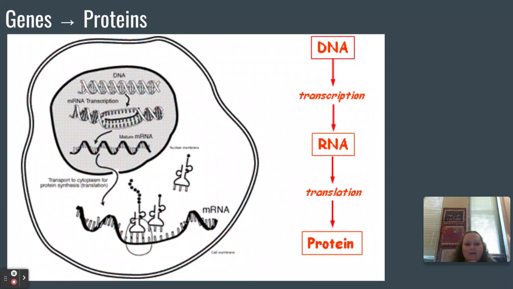And as they pair, they actually leave behind an amino acid. So what you're seeing here is a long amino acid chain that's forming. Remember back to macromolecules and biochemistry, we talked about how proteins are made up of amino acids. These are the amino acids that are going to make our protein.